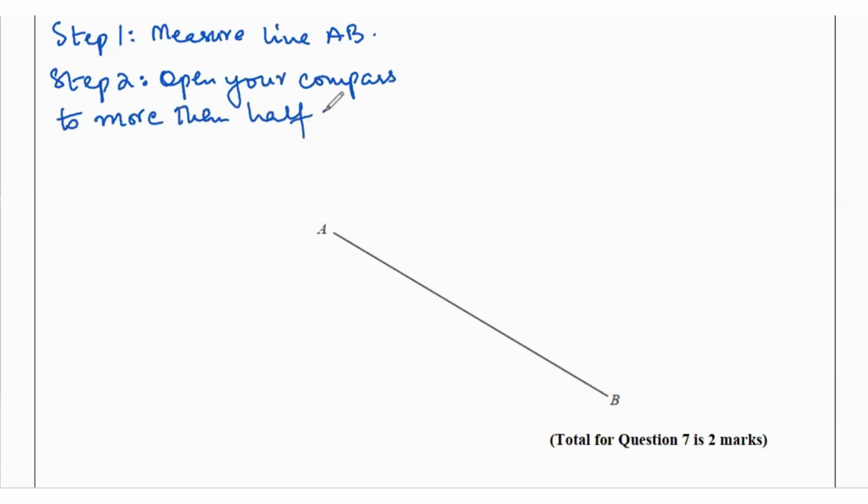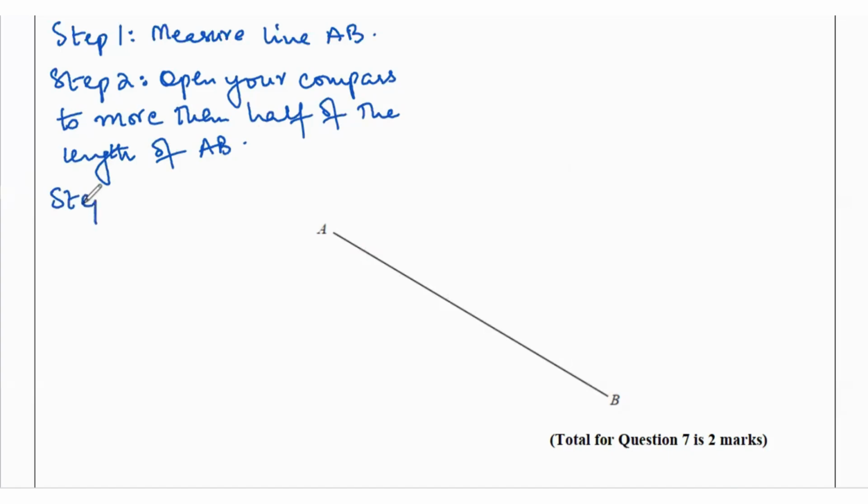So let's say AB is 8 centimeters. So you open your compass to more than 4 centimeters. You can open it to 4.5, you can open it to 5, anything, but it has to be more than half of the distance of AB.